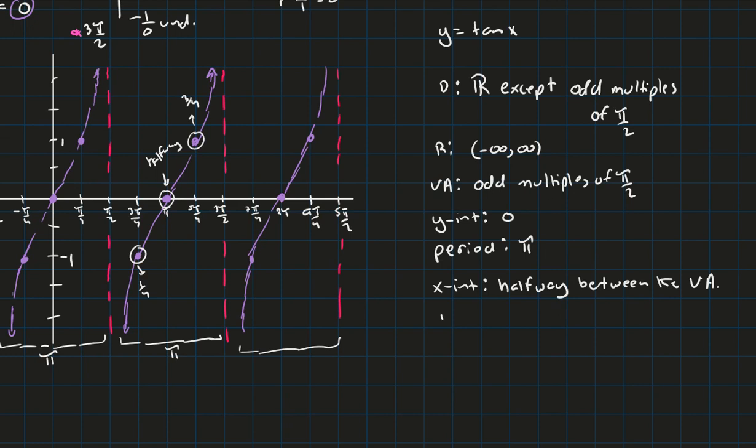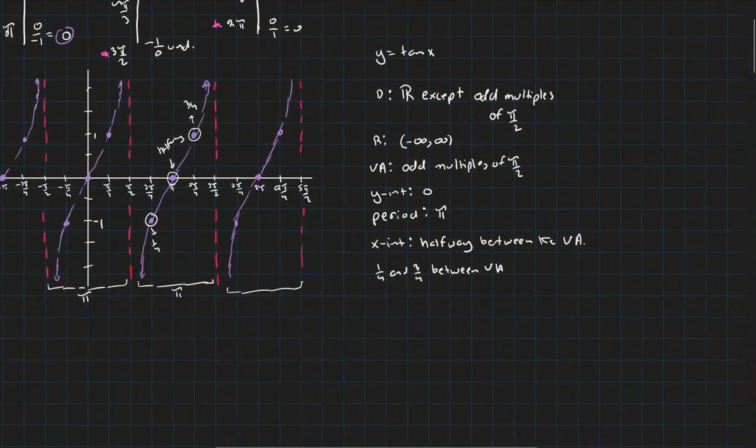What's happening at 1/4 and 3/4 of the way between the vertical asymptotes? Well, we see there is this y coordinate between the vertical asymptotes.